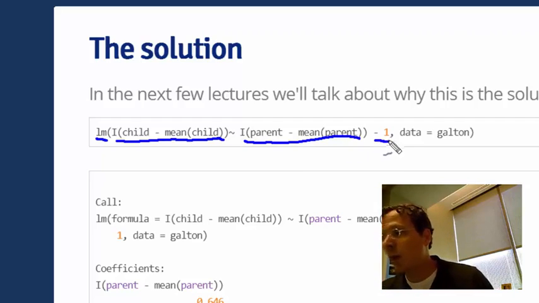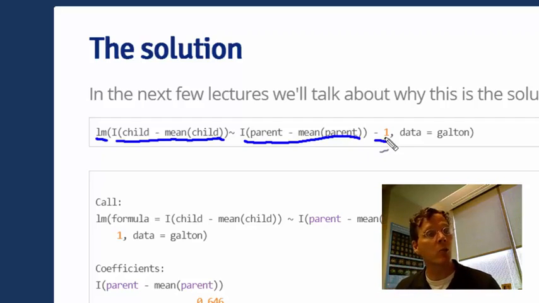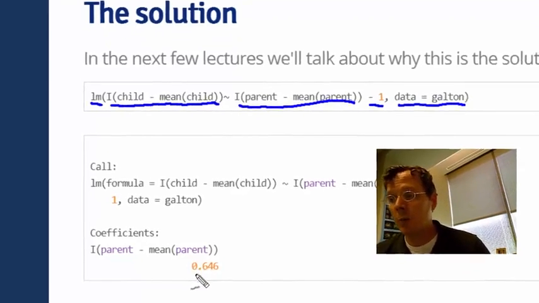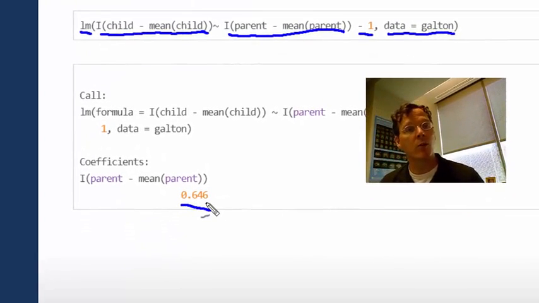This -1 says get rid of the intercept because we're talking about regression through the origin, where we forget about a y-intercept, and then the data set I want to fit is Galton, and it gives me the slope, 0.646. We'll go through this in great detail throughout the rest of the class.